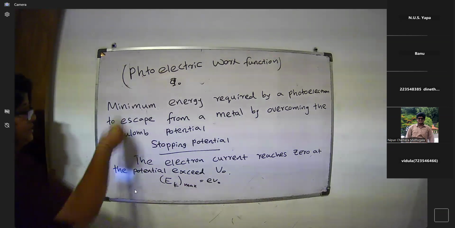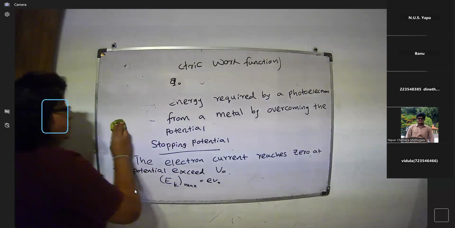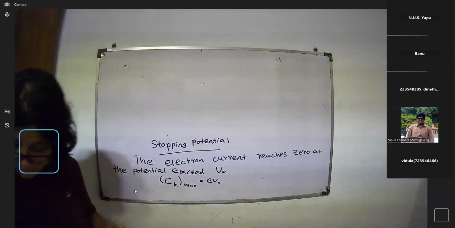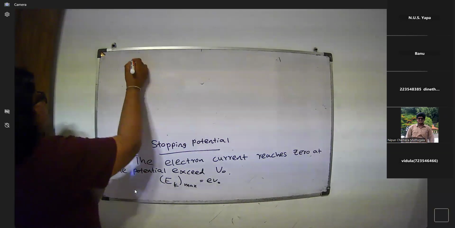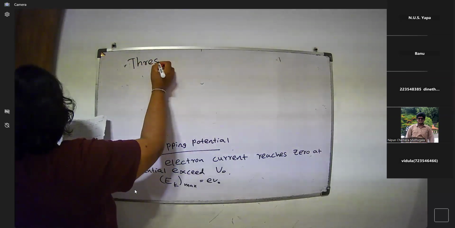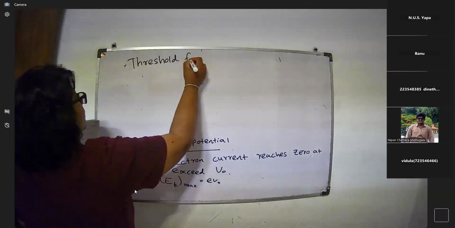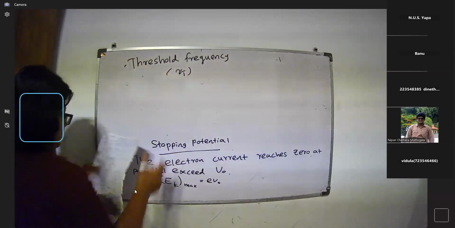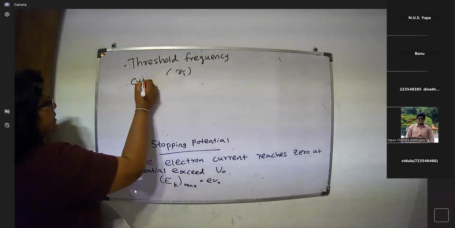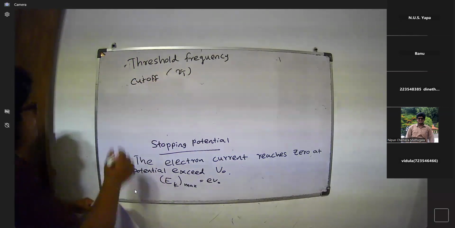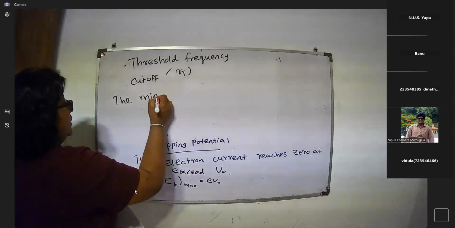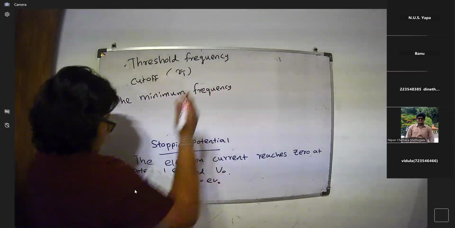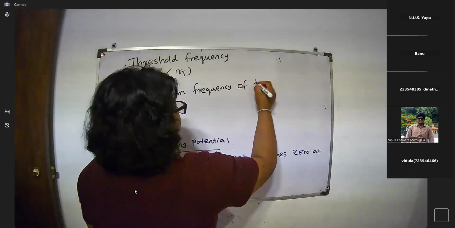The other one is threshold frequency. Other word is cutoff frequency, the minimum frequency of the incident radiation.